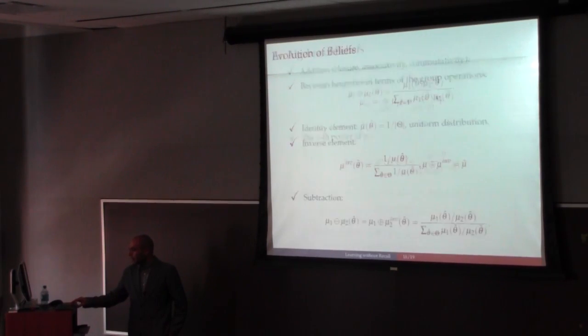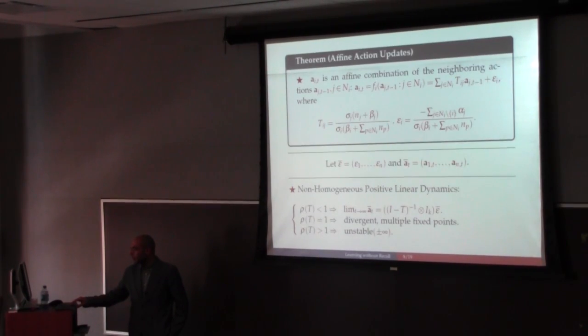We can characterize the convergence mathematically. So it all depends on the spectral radius of the matrix of coefficients. In the non-homogeneous case, when the priors are existent, so we don't have non-informative priors, in that case, these constant terms can accumulate.